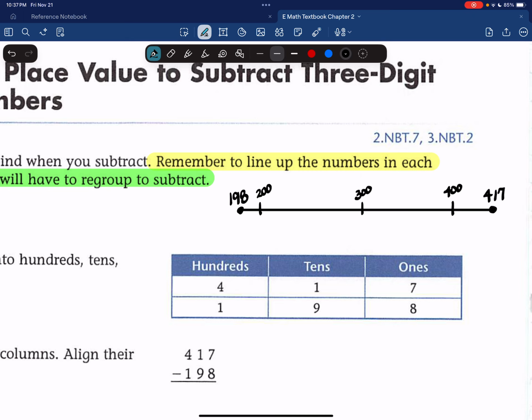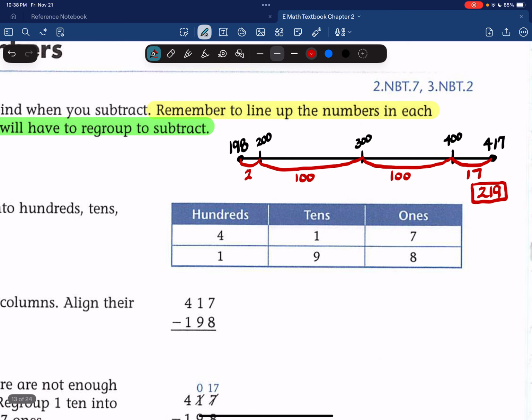So if you add these up, you would have 2, then 100, another 100, and then 17. So you would have 200s, 17, 18, 19. So the answer we're looking for is 219 if you wanted to use the number line.